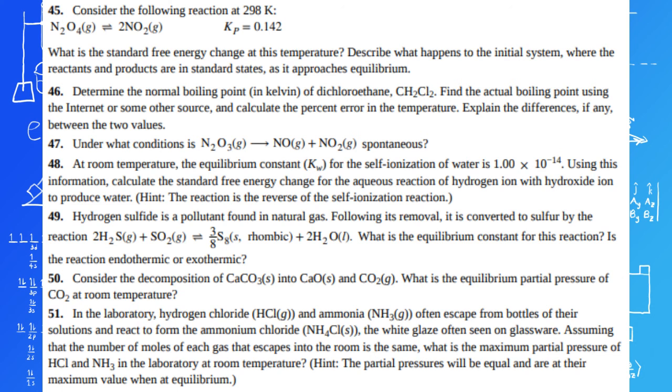If you flip a reaction, you take the reciprocal of its equilibrium constant, and if you've got the equilibrium constant, and I think they said it was room temperature. Yeah, it's at room temperature. So you've got the constant, you've got the temperature, you know the ideal gas constant, so you can calculate delta G standard.